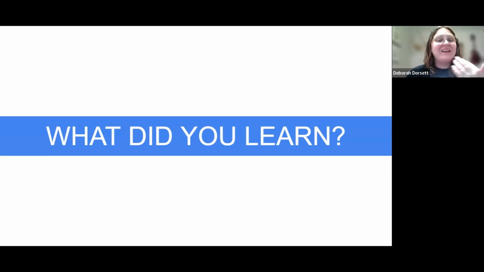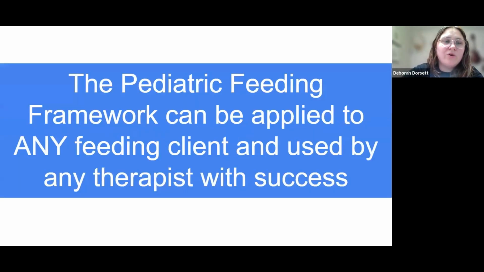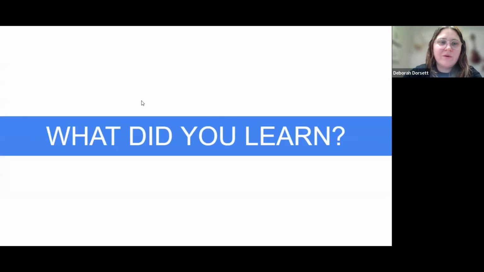There we go. Heidi said, I love that it was a simple, organized approach of where to start. The best tools, Heidi, in my mind, are simple tools, because simple tools are going to help you feel like you're able to focus on the child in front of you and give you the space to adapt things to the child's specific needs.